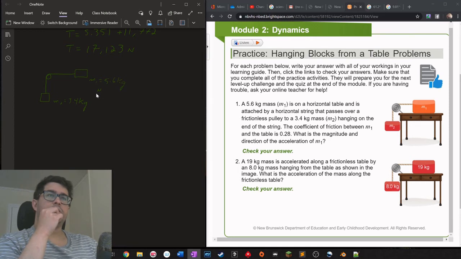I believe that would be kinetic. They don't say it. I have to assume it. Okay, that's okay, because it's going to be moving, isn't it? So we're assuming it's moving. Hopefully I don't do all of this with mu K when I should do it with mu S.